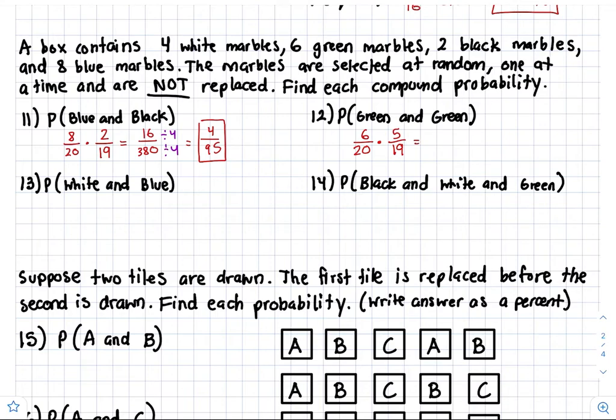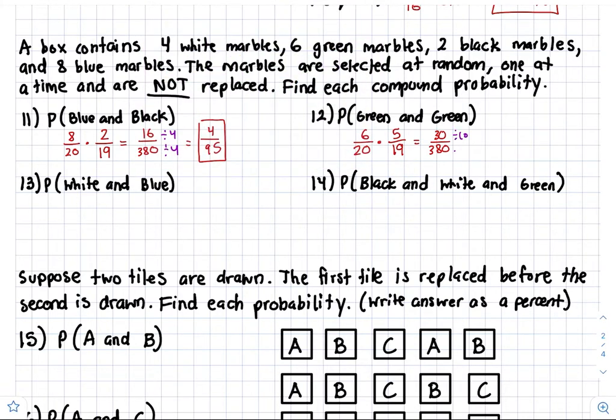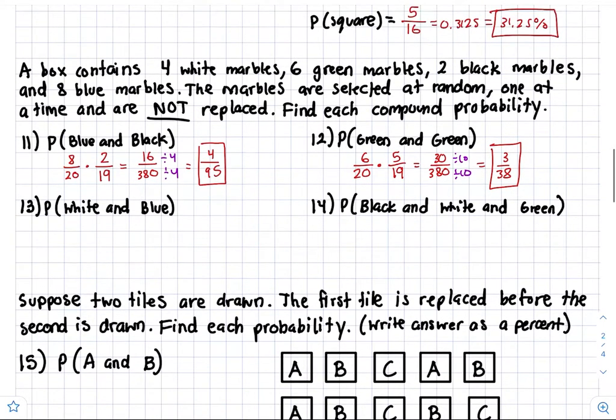So 6 times 5, you guys, is 30. 20 times 19 is 380. And then from here, you guys can divide top and bottom by 10. And that will give us 3 out of 38 chance of getting a green and then another green.